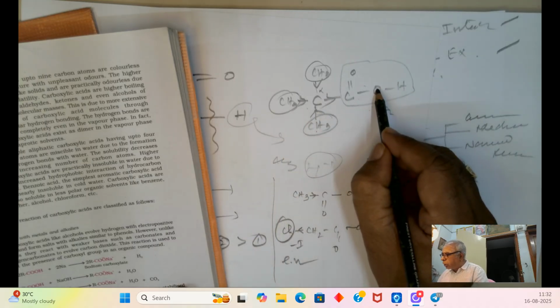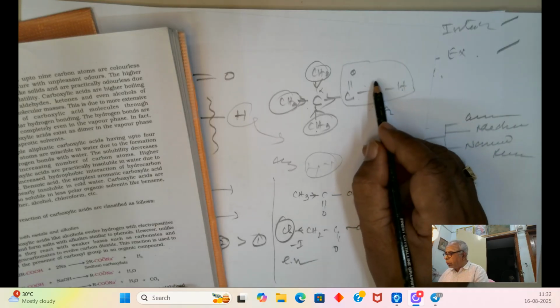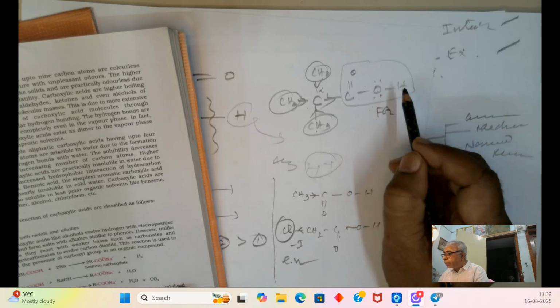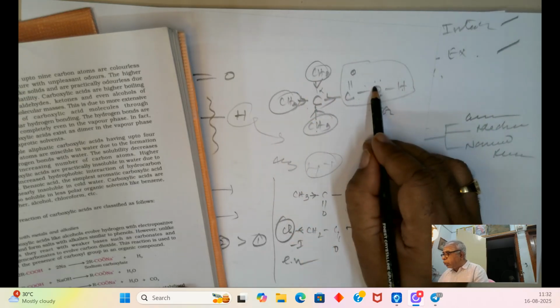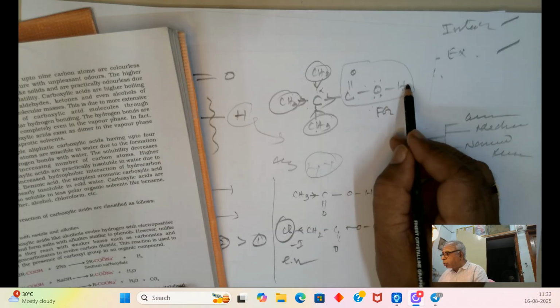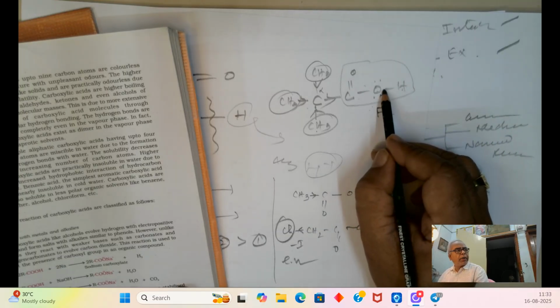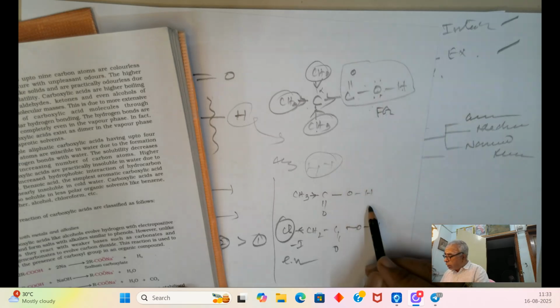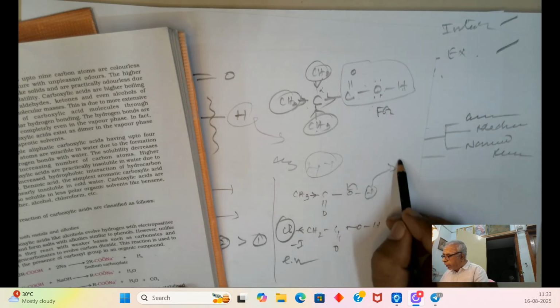Then what about this oxygen? It will not take the electron from hydrogen. It is already well satisfied with the release of electrons by the methyl group. Naturally, it will not have the tendency to kick out the hydrogen and take its electron. Whereas in this case, it will take the electron of hydrogen and that is why it becomes H plus.